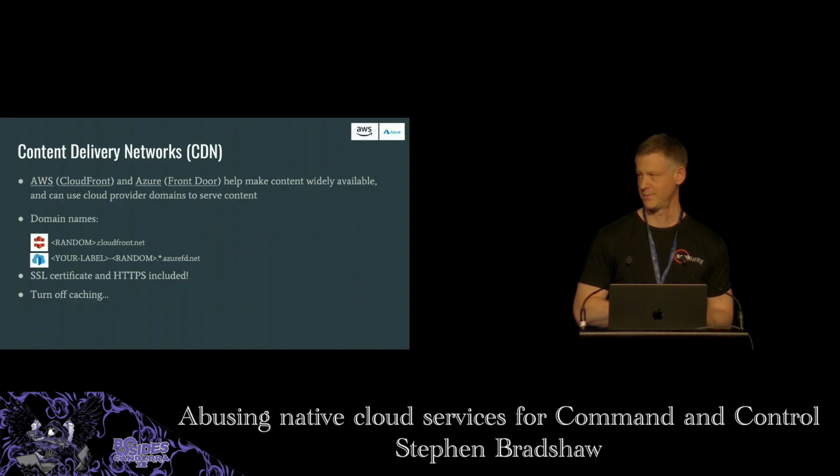So it's randomcharacters.cloudfront.net for CloudFront, and your label-random, and then a number of different subdomains .azurefd.net for Front Door. You do get HTTPS set up for you if you use this approach. You do need to make sure you turn off caching, because these things are designed to cache, and caching is going to break any C2 servers.